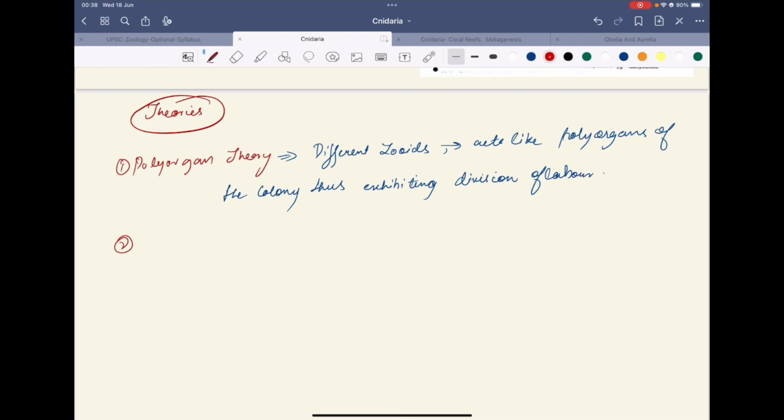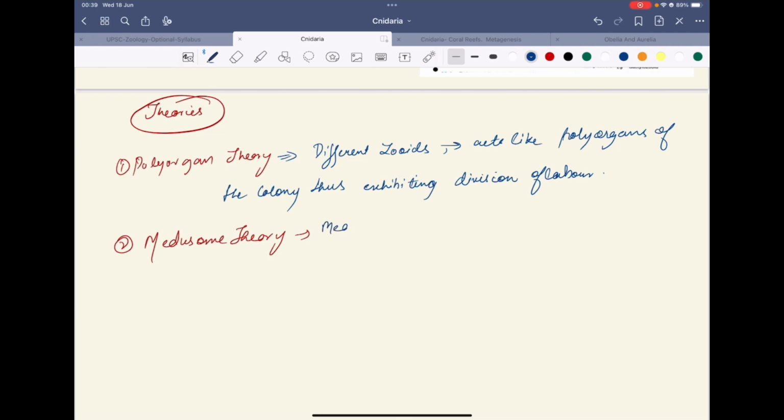Second theory is the medusome theory. This hypothetical medusome theory focuses on the medusa stage of the colonial hydrozoans, and proposes that the polymorphism within this stage plays a significant role in shaping the organization and functioning of the entire colony.